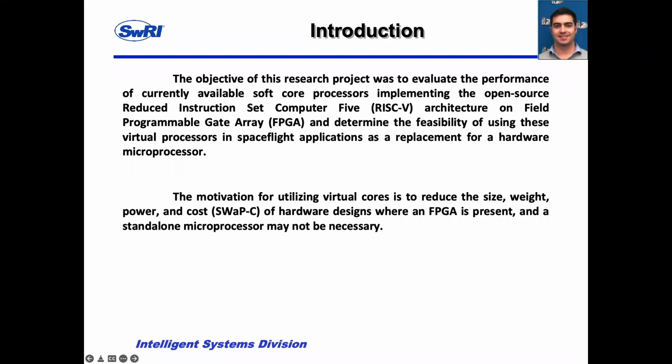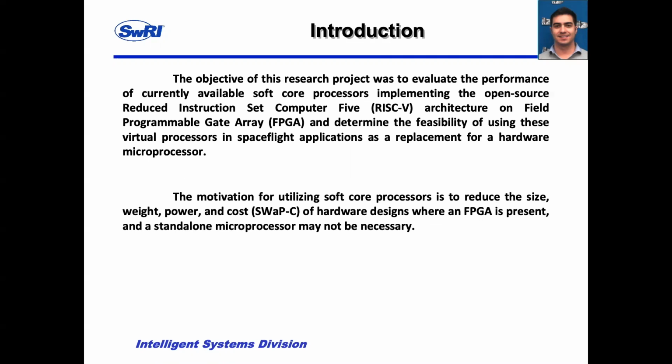The objective of this research project was to evaluate the performance of currently available soft-core processors implementing the RISC-V architecture on an FPGA and determine the feasibility of using these virtual processors in spaceflight applications as a replacement for current hardware microprocessors. The motivation for utilizing soft-core processors is to reduce the size, weight, power, and cost of hardware designs where an FPGA is already present and a standalone microprocessor might not be necessary.